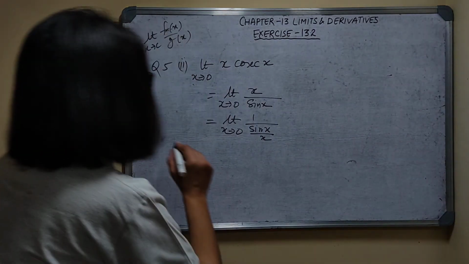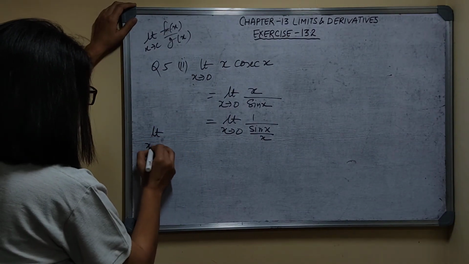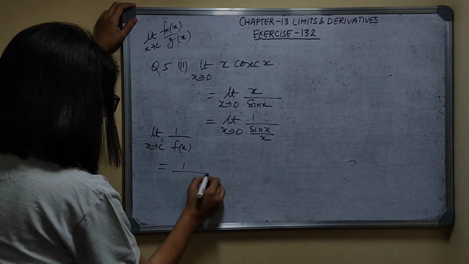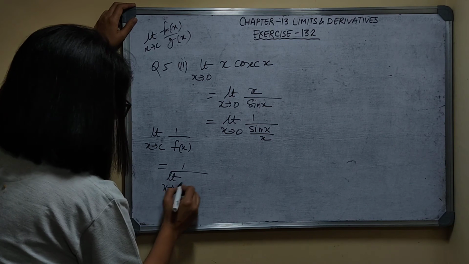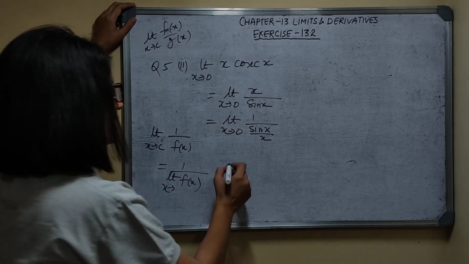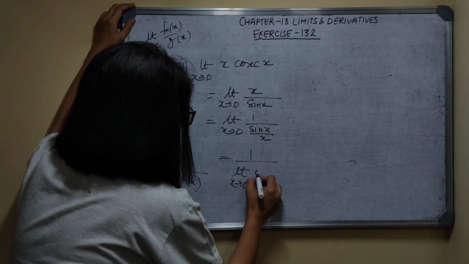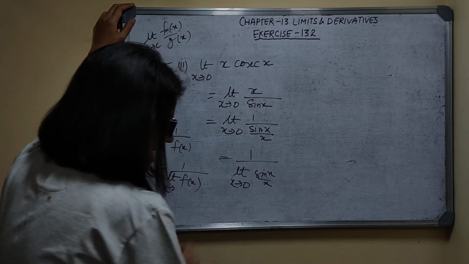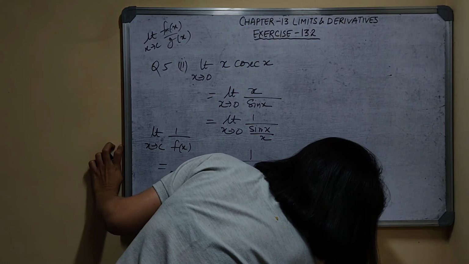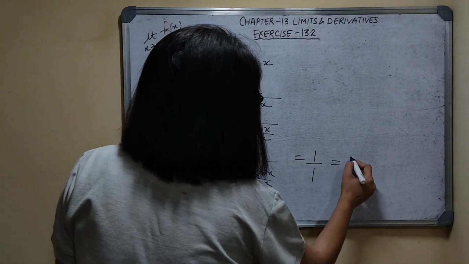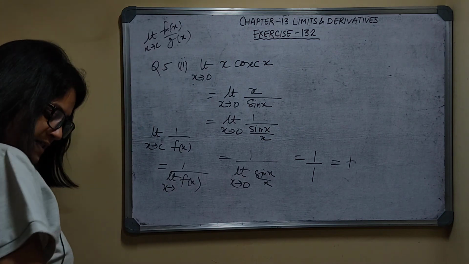And I know limit x tends to c, 1 upon f(x), I can write as 1 upon limit x tends to c f(x). So 1 upon limit x tends to 0, sin x upon x. I know the formula: limit x tends to 0, sin x upon x is equal to 1. So 1 upon 1. So the answer is 1.